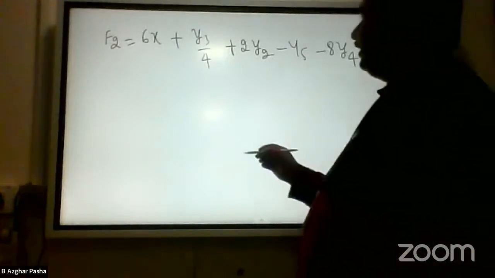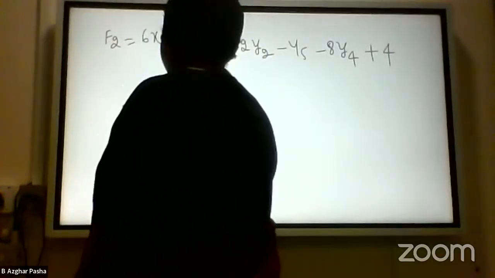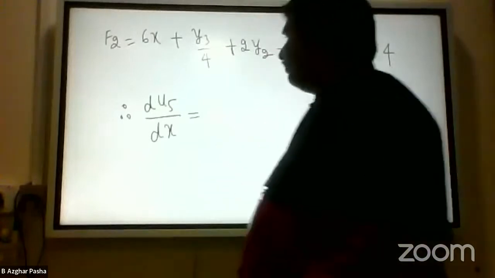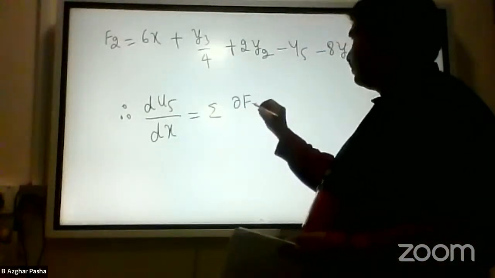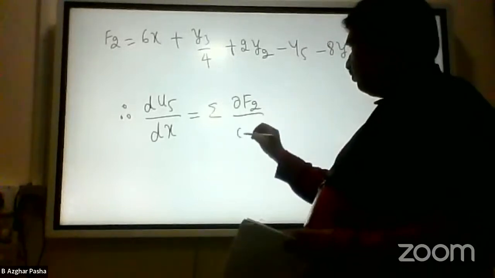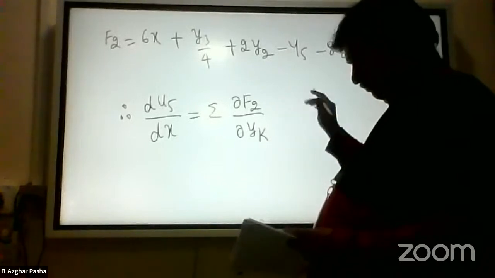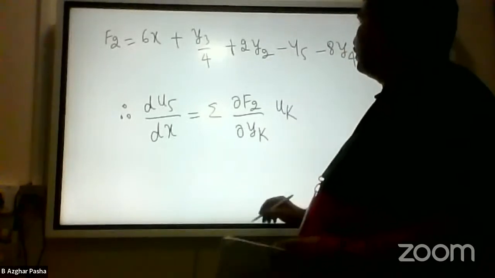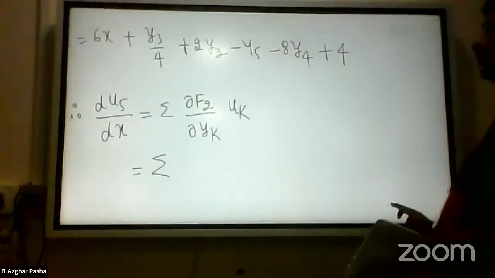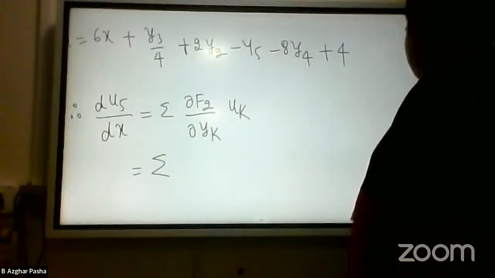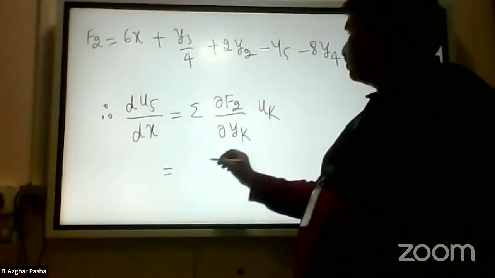Therefore, du5 by dx is equal to the summation of dou f2 by dou yk into uk. That is equal to the summation, where f2 is here with respect to y1.